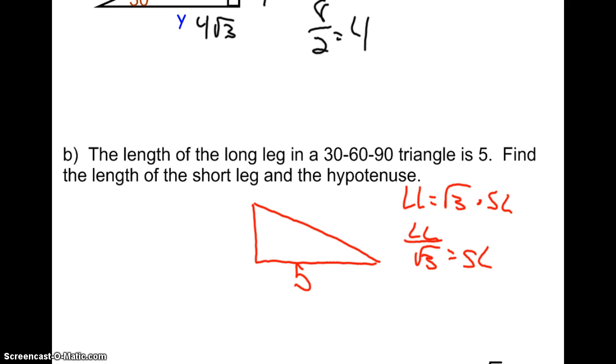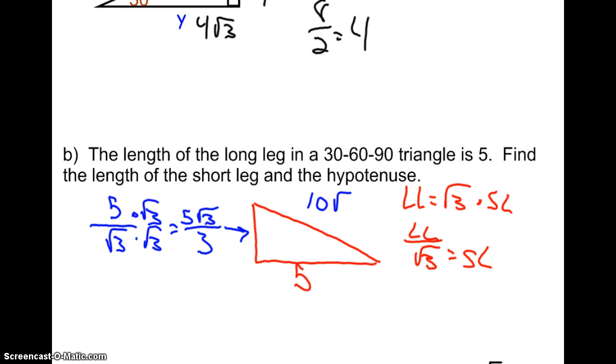So now I do a little math. I've got 5 divided by the square root of 3. Well, if you remember what we did before, we had to multiply the bottom and top by the square root of 3. That's going to give me 3 on the bottom and 5 square root of 3 on top. That is the shorter leg. When I multiply that by 2, I simply get 10 square root of 3 over 3. And that's my final answer.